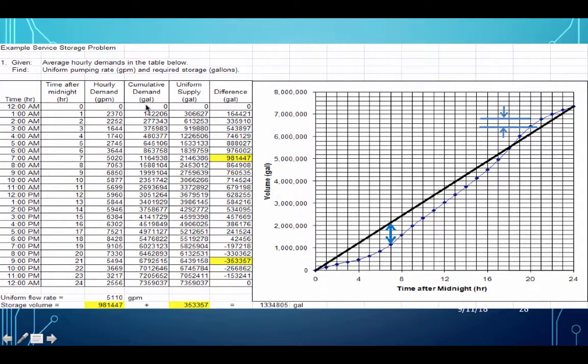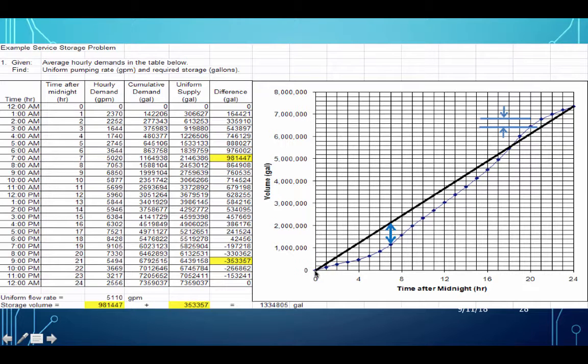We accumulate it, so here's this 2370 gallons per minute for 60 minutes is 142,000 gallons. 2252 for 60 minutes is 142,000 plus whatever the 60 minutes times 2252, and it occurs in this cell. And then these are just accumulated, and that's what produced this curved line with the blue dots in it.